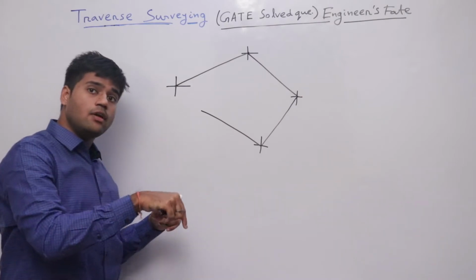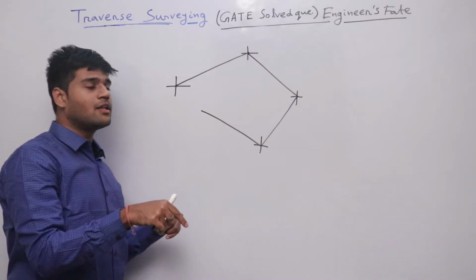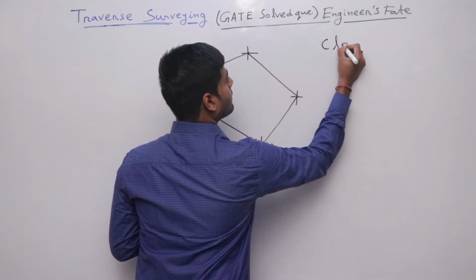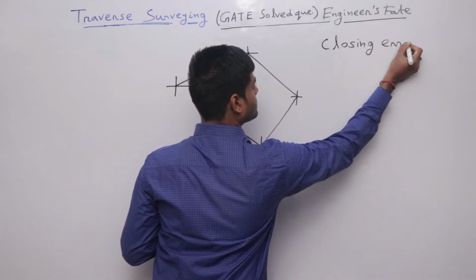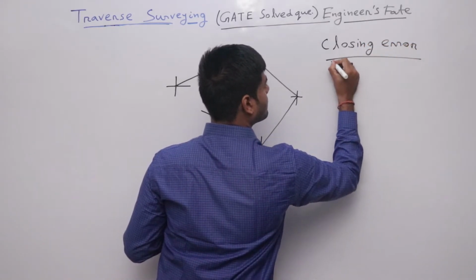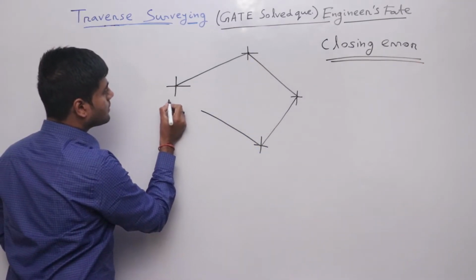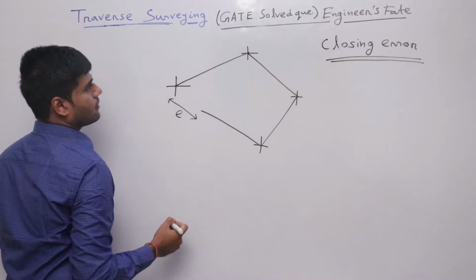I am unable to meet the point where I started my survey work. So this is known as closing error. There is an error, this is known as error E.